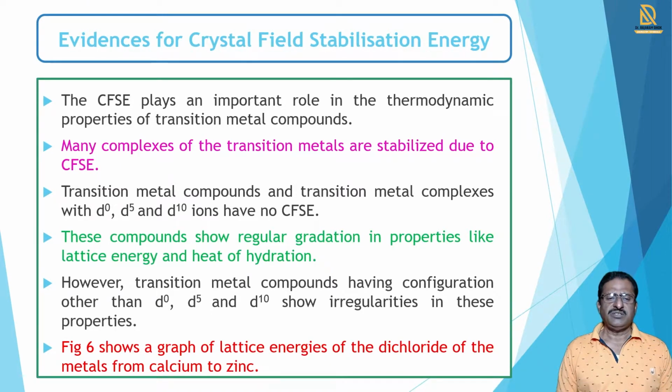There are some transition metal complexes with d0, d5 and d10 cases that have no CFSE. We have seen in the last lecture, in the calculation of CFSE, that in d0, d5 and d10 cases the crystal field stabilization energy values are 0.